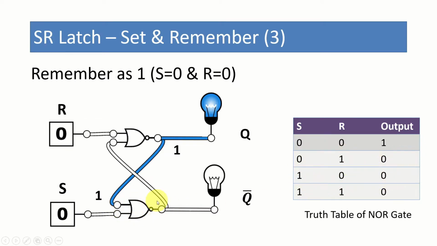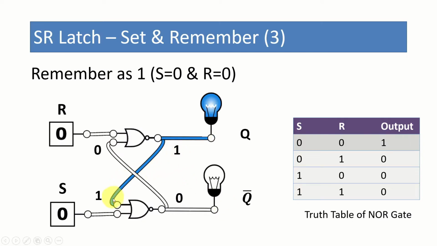So therefore, this output is going to be 0. And anyway, before that moment also, the output was 0. And this 0 is going to be fed to the first NOR gate. And we know that when both inputs are 0, the output is 1. So therefore, even when we release both, or we made both 0, still it is going to saturate to a situation where Q is 1 and Q bar is 0.